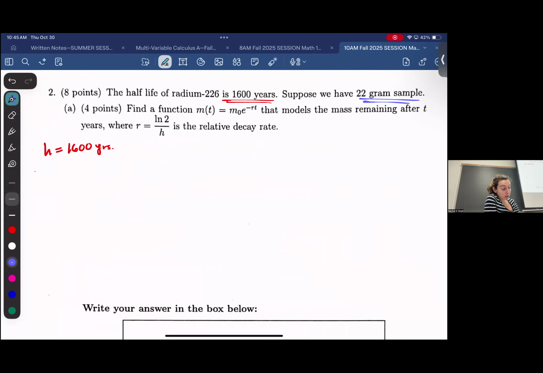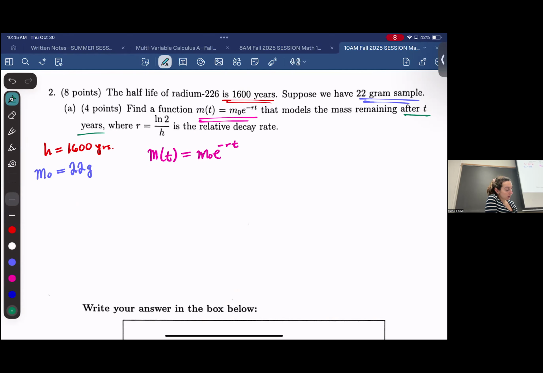So that's going to be our initial amount. Our m sub 0 is our 22 grams. We want to find a function, and they give us the function, so we're going to utilize that. That models the mass remaining after t years.